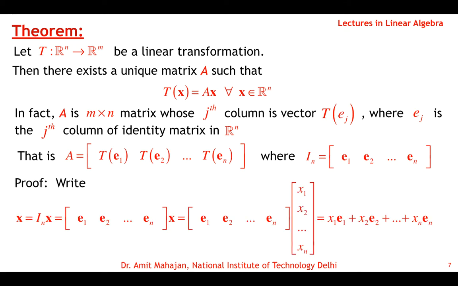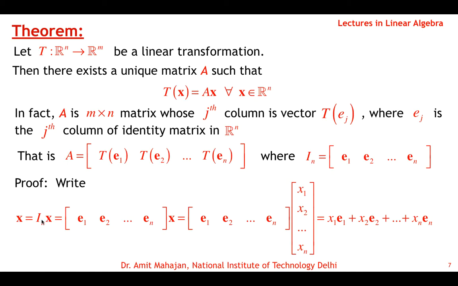The proof of this is very simple. If you are given any vector x in Rn space, then we can write that vector in terms of E1, E2, En, as shown here. Any vector x can be written as the identity times x.